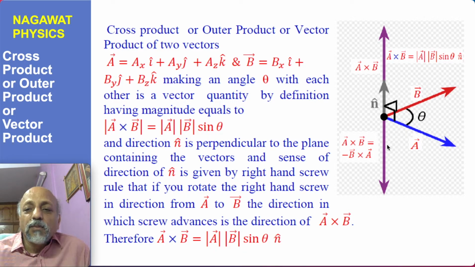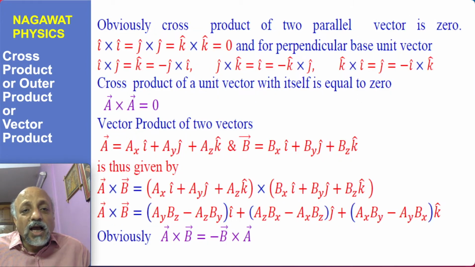The magnitudes are the same, and that's why we say that the cross product of two vectors is not commutative, and you have to be very careful in evaluating it, because the order is very important. In case of dot product, that is not true.